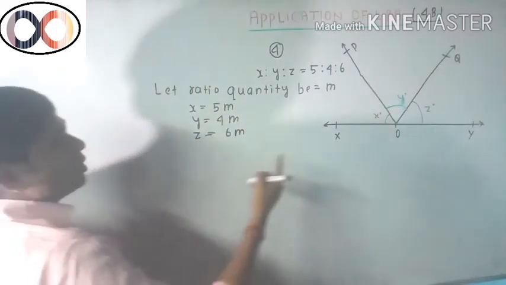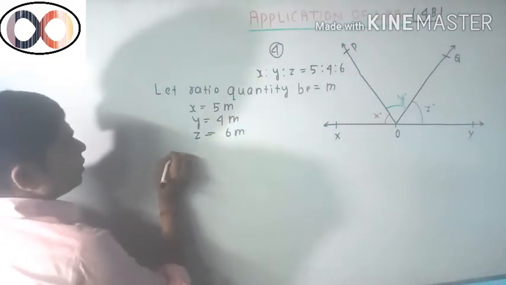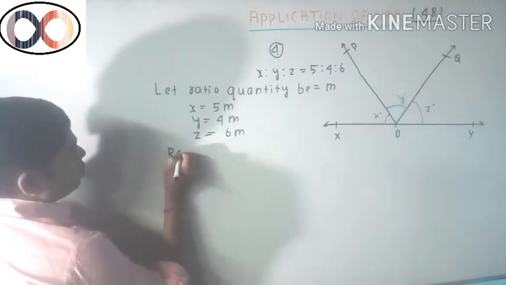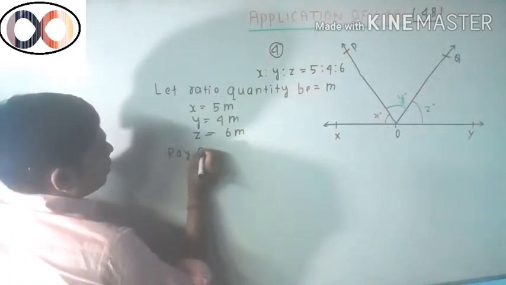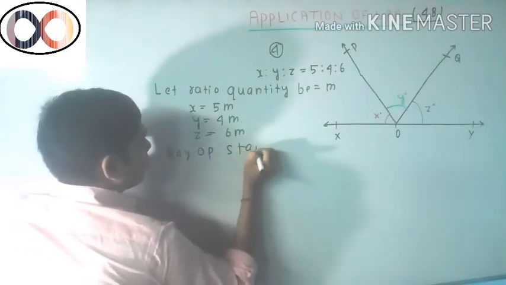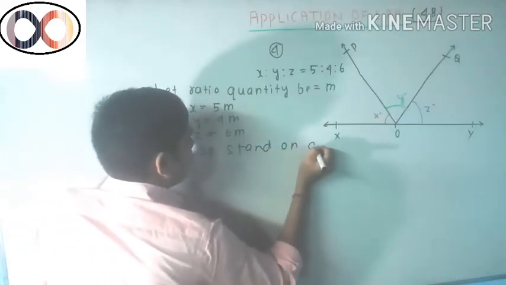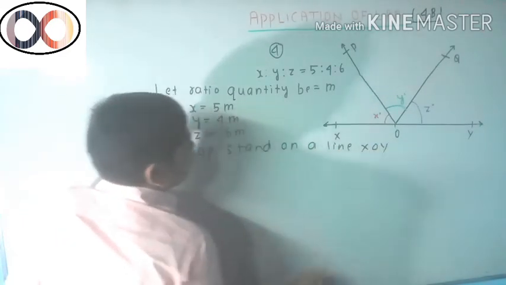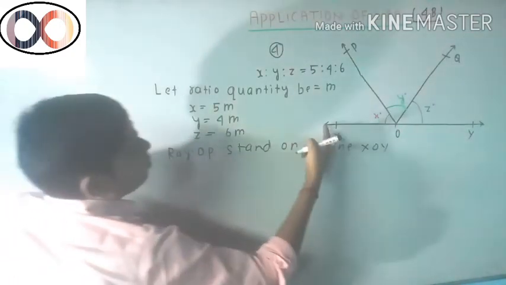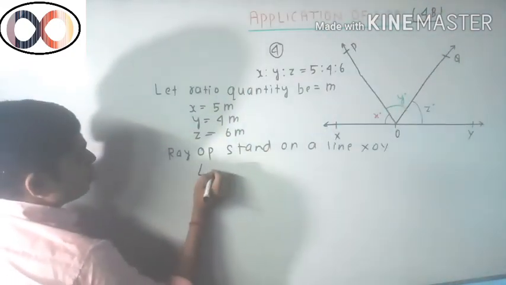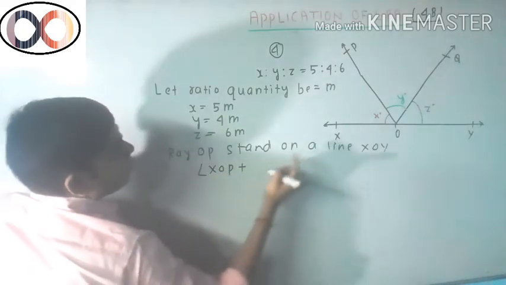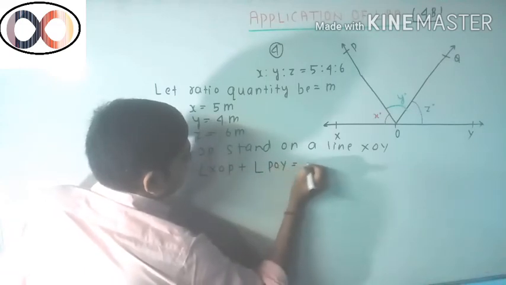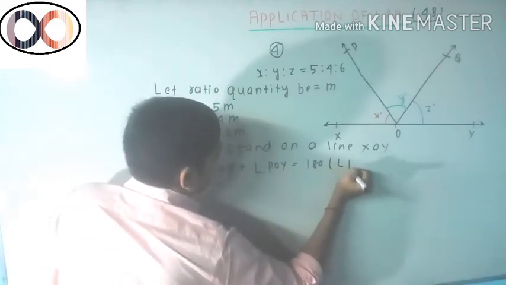This is a straight line, so we can write that ray OP stands on the line XOY. That's why angle XOP plus angle POY is 180 degrees due to LPA.